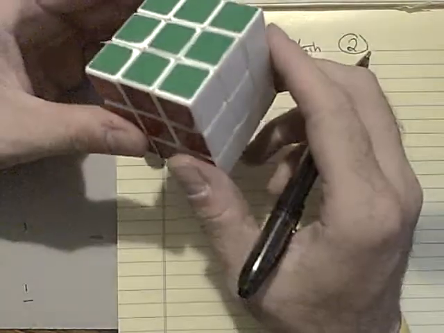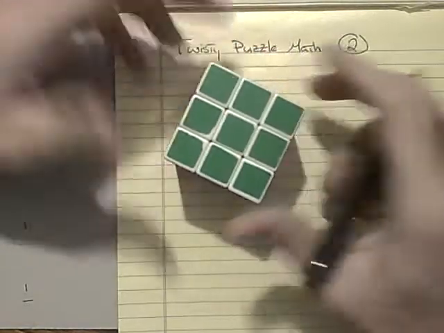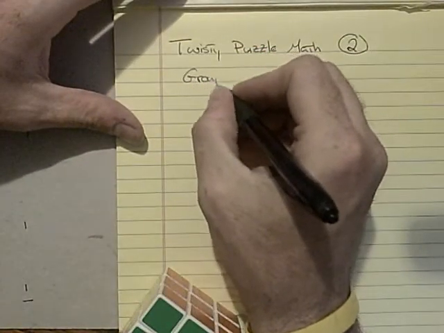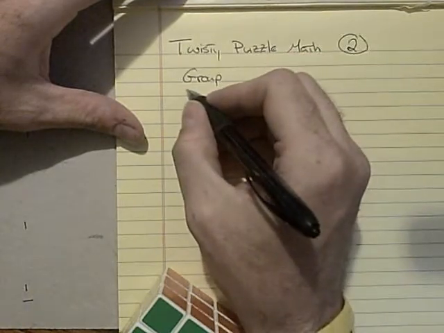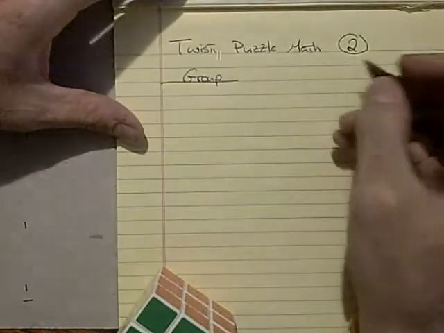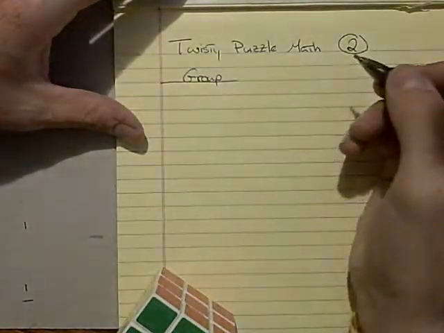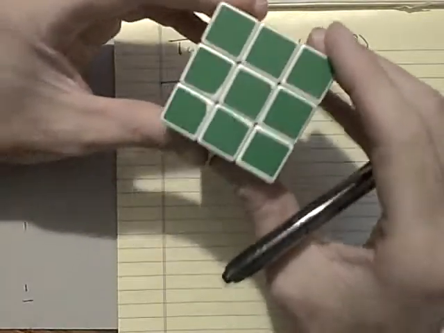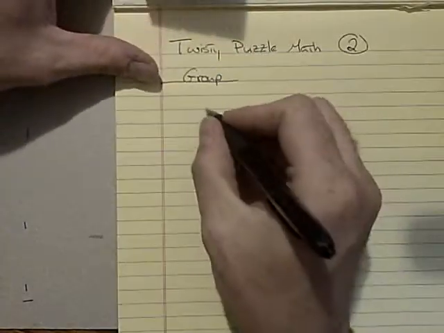What we're going to do now is introduce the concept of a group, and also, well, we'll see where we go from there, I suppose. So a group is a mathematical object, and the moves that you do on the cube form a group.